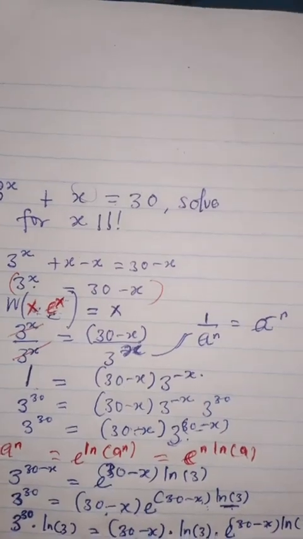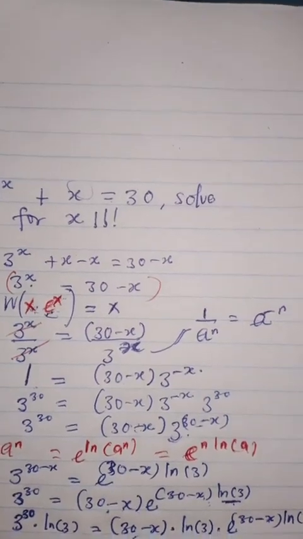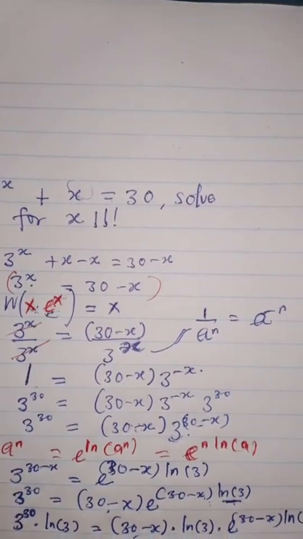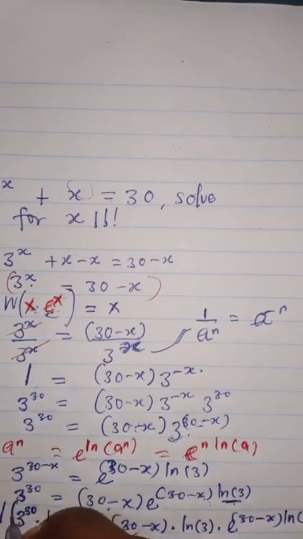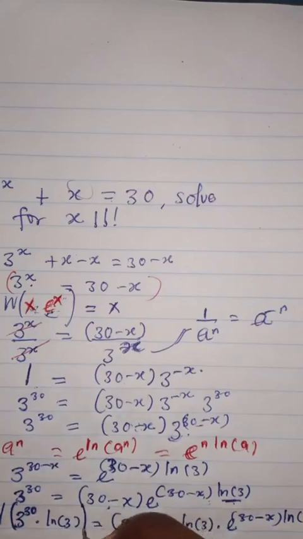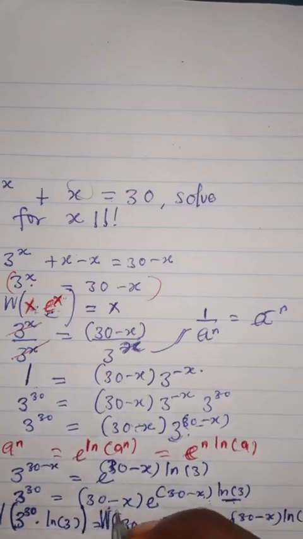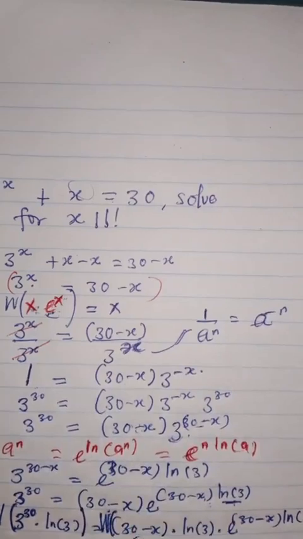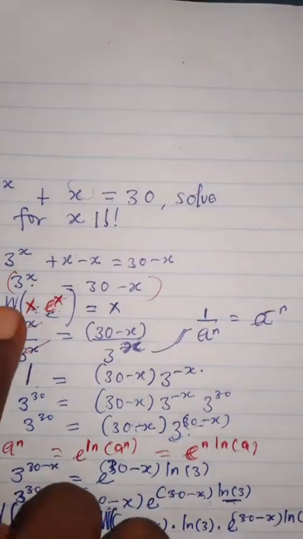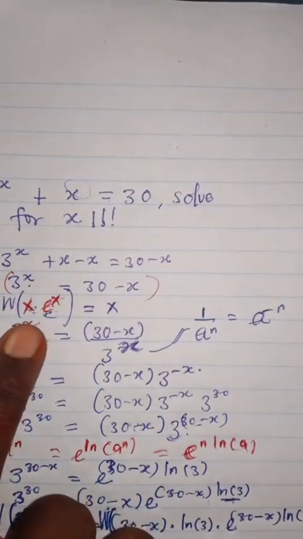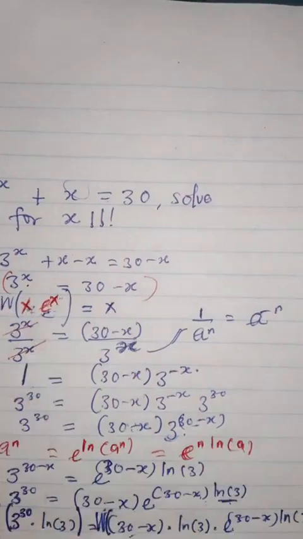So taking the Lambert W function of both sides. Let's just take it first and check what's going to happen. According to this, if we take the Lambert W function of x multiplied by e raised to the power of x, it's going to be equal to x.